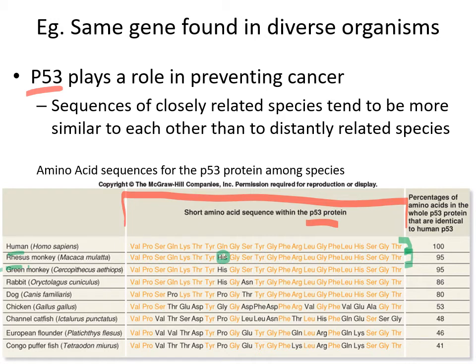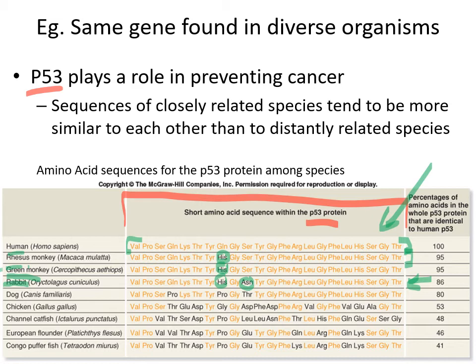As you move further apart, this other green monkey, more distantly related, also only has one change. But if you go to this rabbit, which we're not as closely related to, there are actually two differences between our code on the top here versus the code of the rabbit itself. So not only can you look at the structures and say the structures between a rhesus monkey and a human are more similar than a human and a rabbit, it is not just the physical anatomical structures, it is also the molecular level code in which everything is written.